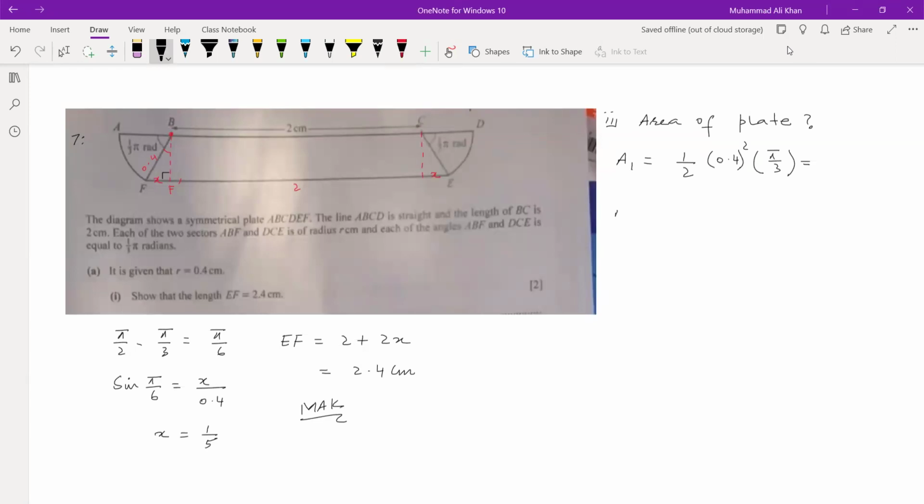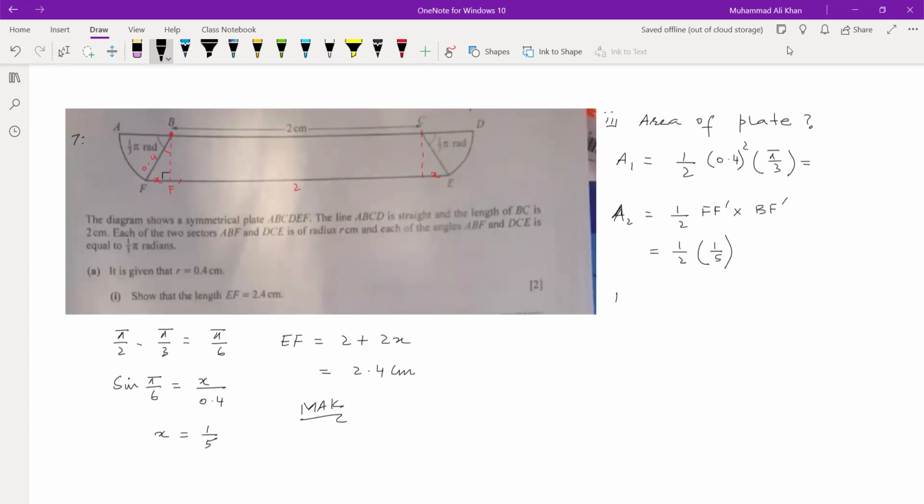And after that, A2 is equal to half, base of the triangle is FF dash, multiplied by the height of the triangle, BF dash. We have FF dash, which is equal to 1 upon 5.